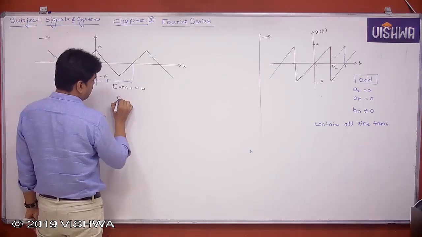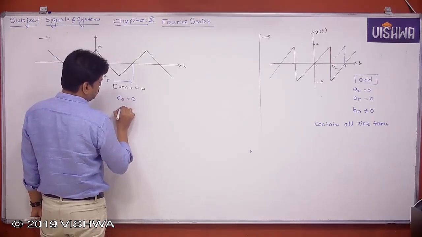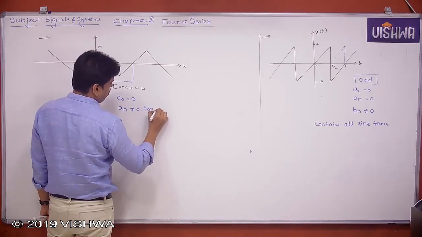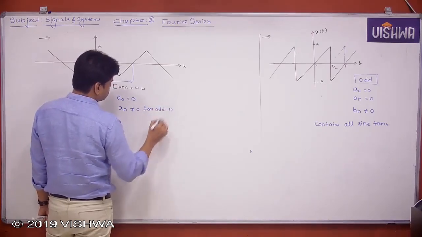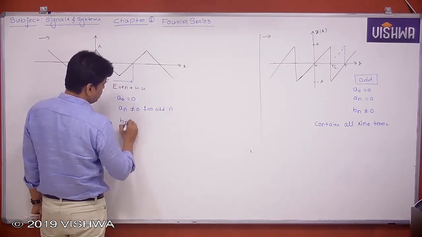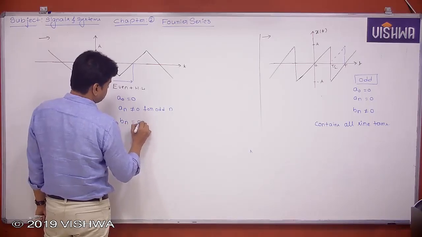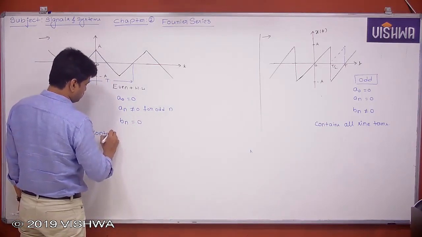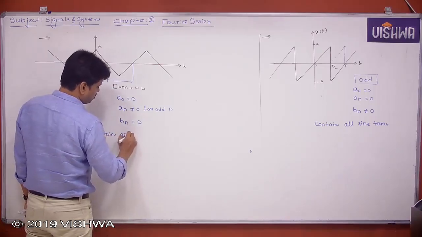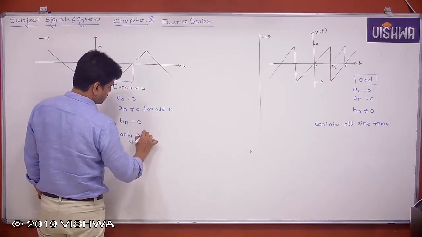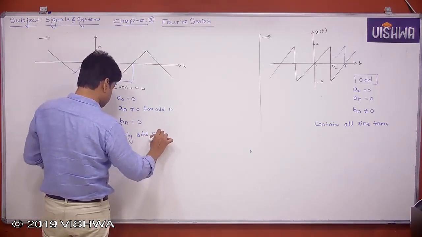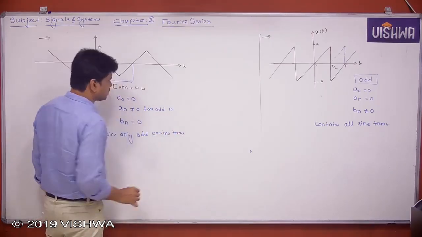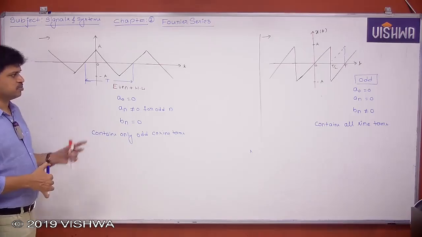So I can write A0 is equal to 0, an is not equal to 0 for odd values of n, and bn is equal to 0. That means it contains only odd cosine terms. I hope you understood how to check the symmetries. Okay, take it.